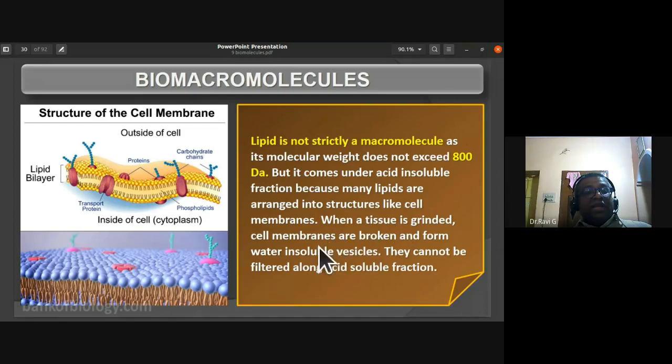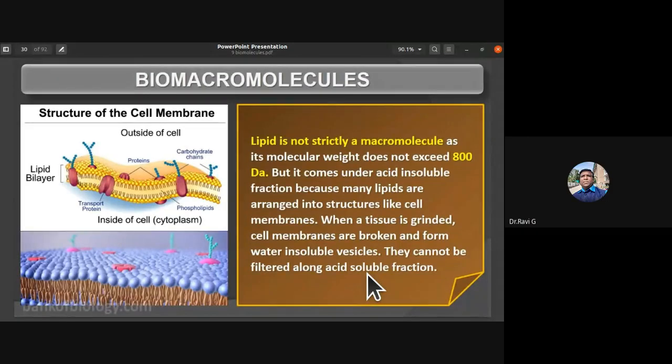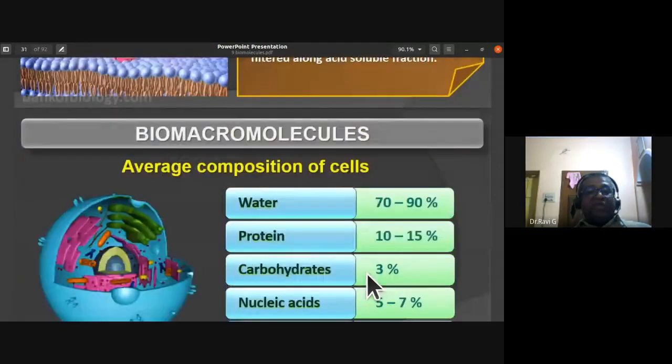When a tissue is grinded, cell membranes are broken and they form water insoluble vesicles, which cannot be filtered along with the acid soluble fraction.